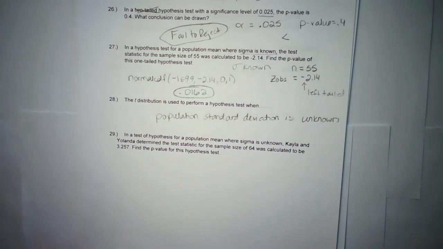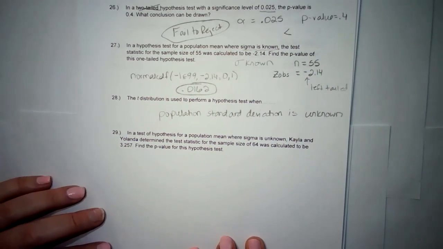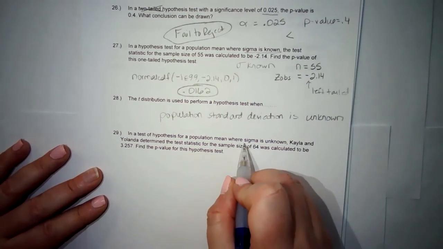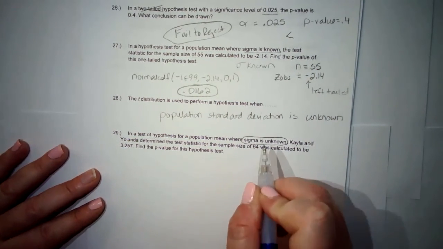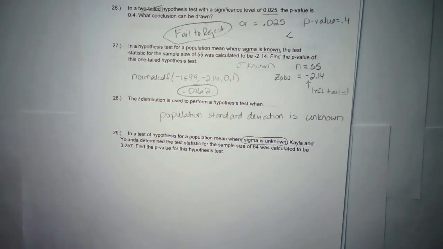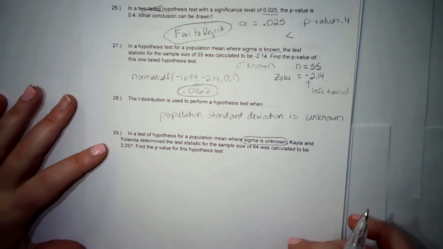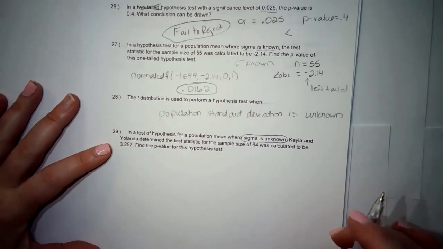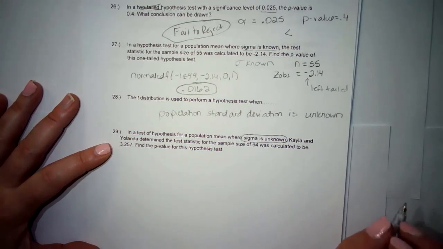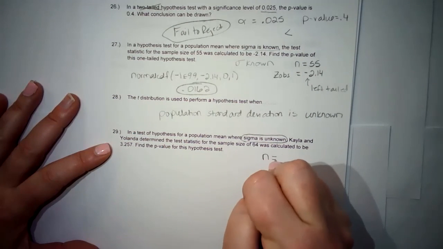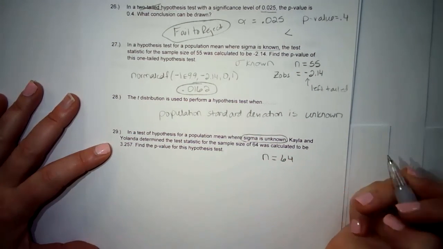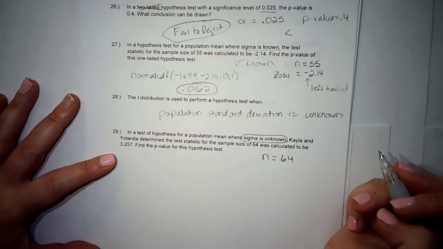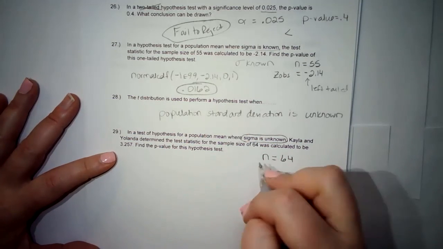Okay. All right, let's do 29 and then we'll stop. Okay. All right, so in a test of hypothesis for a population mean where sigma is unknown, okay, so we're flipping to unknown. Okay, Kayla and Yolanda, the dynamic duo, determined the test statistic for the sample size of 64, so N is 64, was calculated to be 3.257.